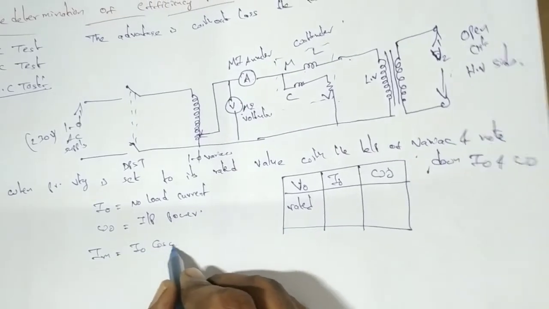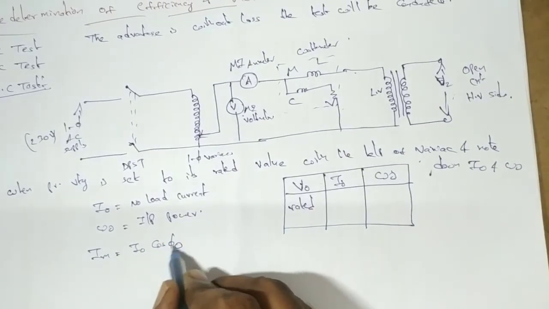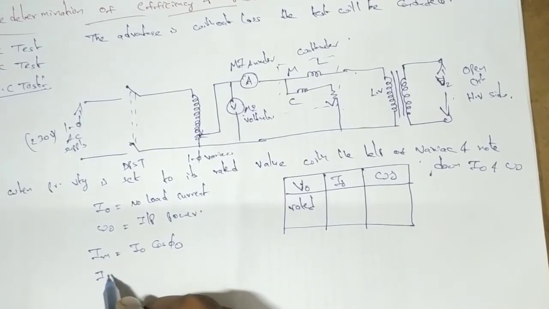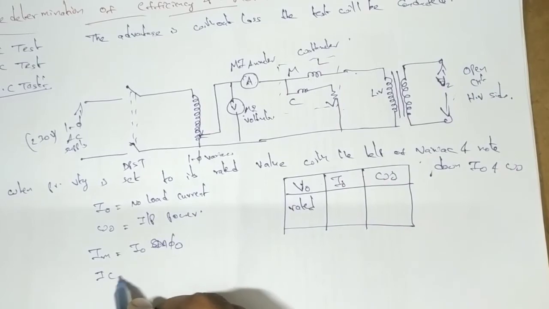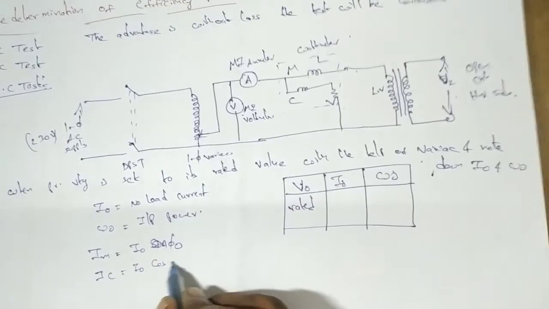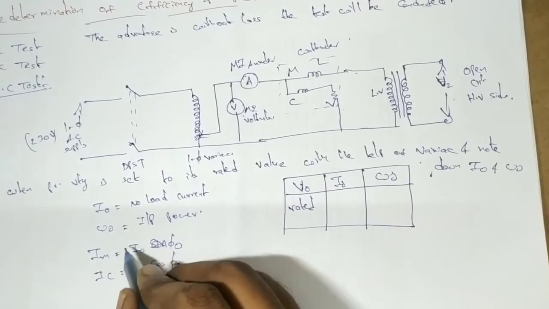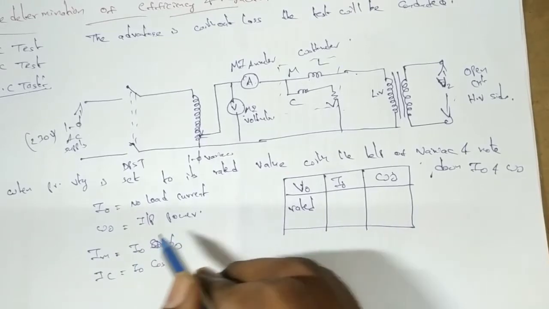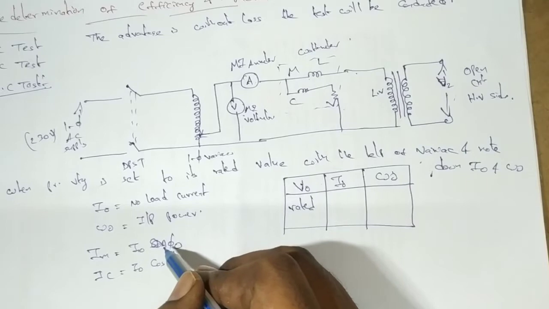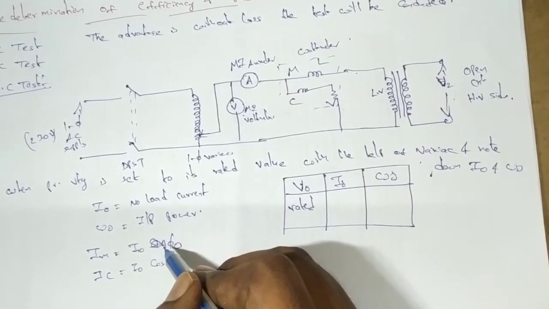Since I0 is a known value, we can calculate IM, the magnetizing component of the no load current, and IC, the core loss component of the no load current. IM is I0 sin phi naught, and IC is I0 cos phi naught. IM is in terms of sin, and IC is in terms of cos.